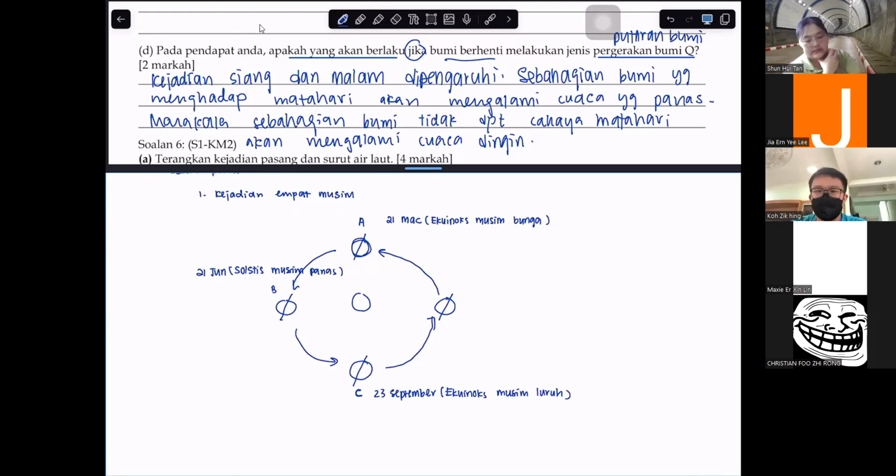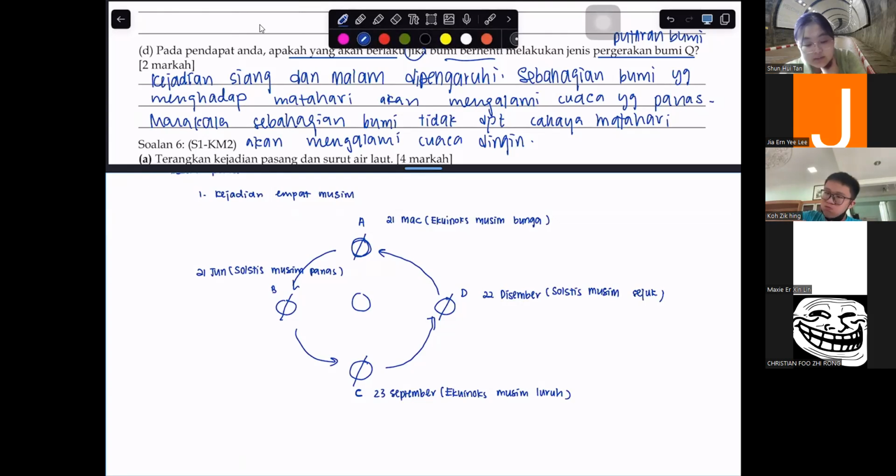And how about situation D? 3 months later, 22nd of December. Remember, December is D. And what is the season? Solstice, musim sejuk. Now remember, equinox musim bunga doesn't mean the whole earth is spring.